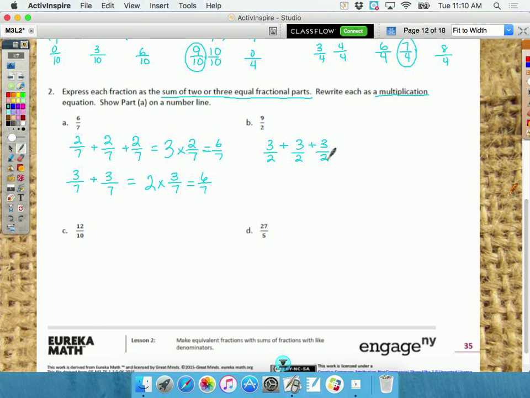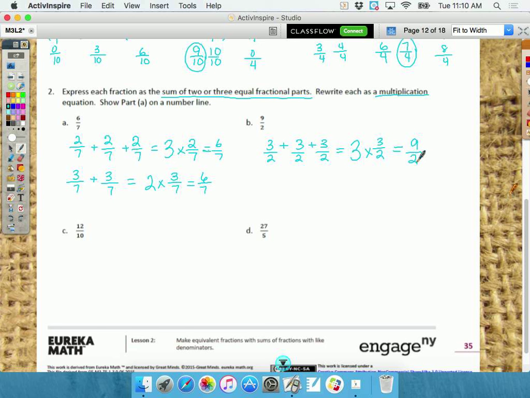Okay, do you see where we got the 3 plus 3 plus 3? Because that equals 9. How would I rewrite that as a multiplication problem? How many parts do I have, or copies? So 3 copies of 3 halves equals, and we already know the answer this time, don't we? 9 halves.